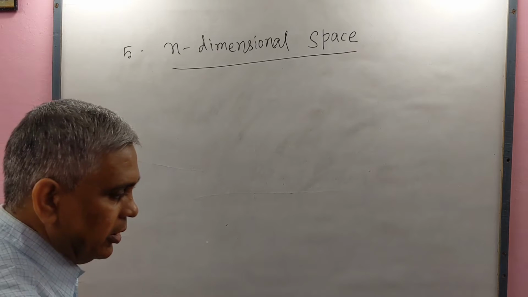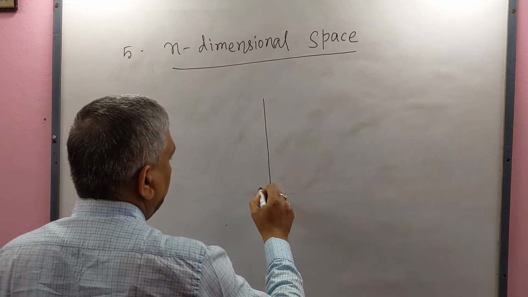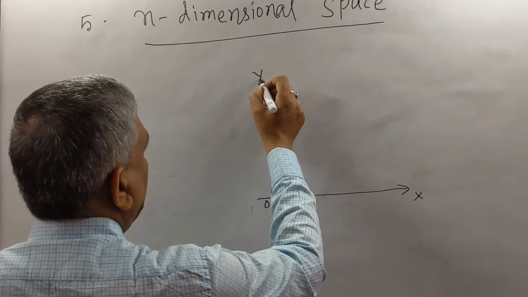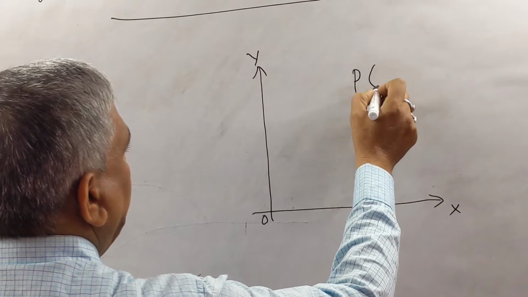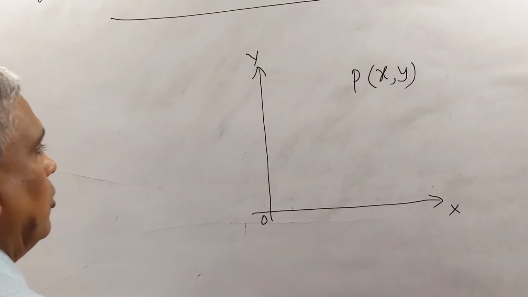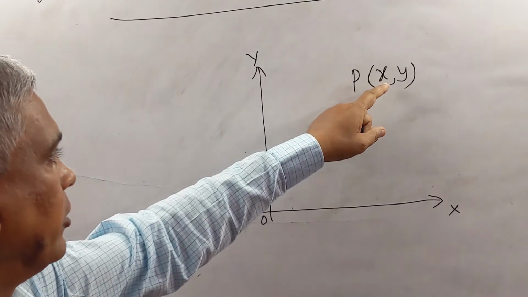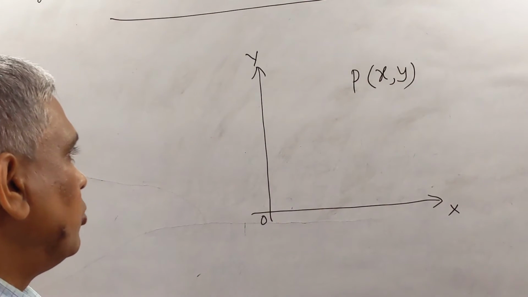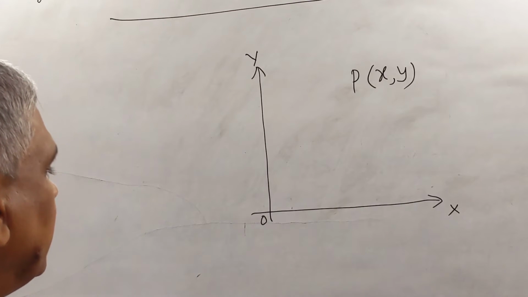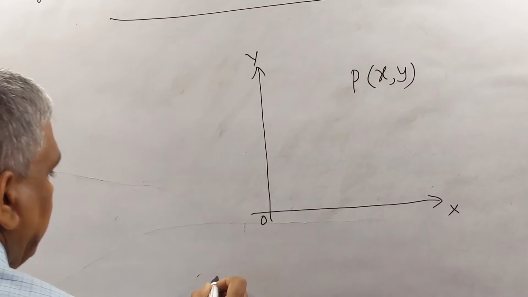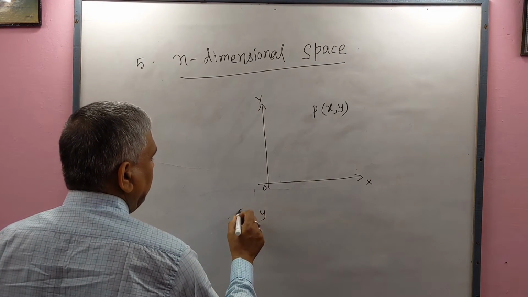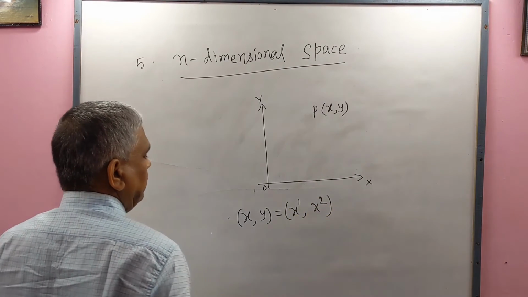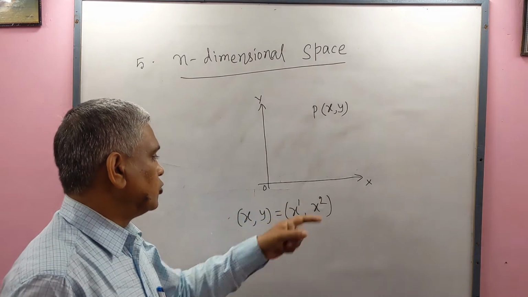As we know that any point in a two-dimensional plane is denoted by (x, y), where x is the x coordinate of the point P and y is the y coordinate of the point P. In tensor analysis, we may write (x, y) equal to (x1, x2), with 1 and 2 as superscripts.